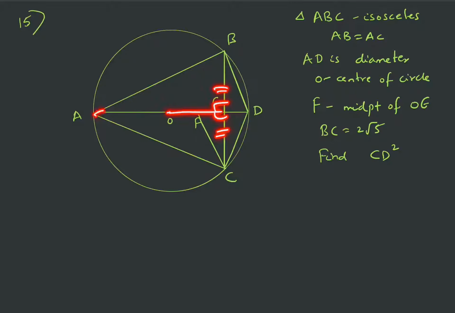So if I join all these three, AE is perpendicular to BC and it will bisect it, that is, BE is equal to EC and this is perpendicular.